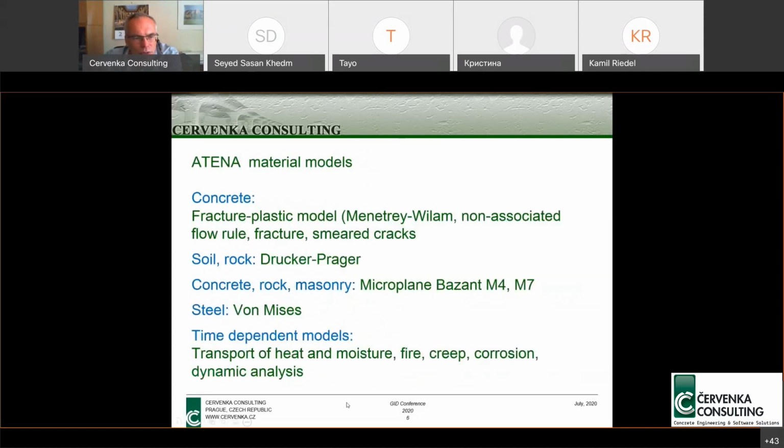version. Just to give you a summary of the material models in ATENA, this is mainly for those who are new to ATENA. So ATENA is mainly for concrete. Our main material is this fracture plastic material model, which is using Menetrey-Willam criterion in compression, non-associated flow rule.